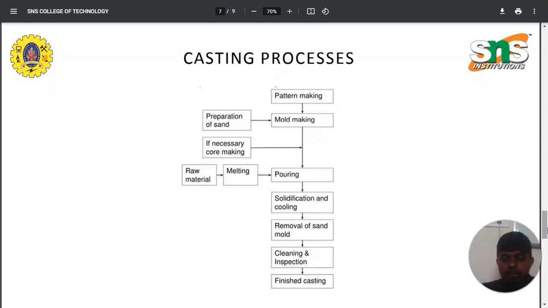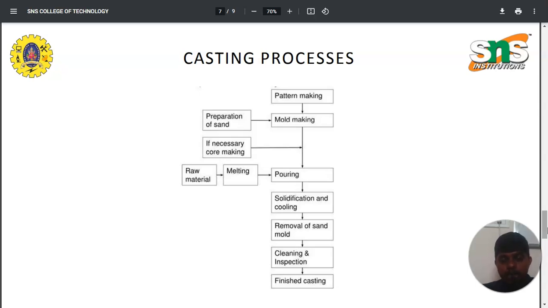So this flow chart represents the first step, which is pattern making, and following that we do the mold making. For the mold making we prepare the sand, and if necessary core making is also done. Once the pattern making and mold making are ready, we need to pour the metal.